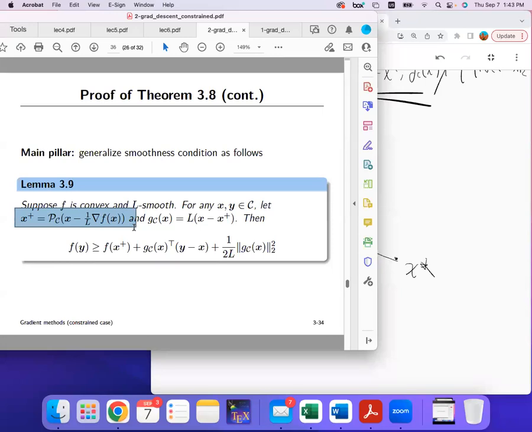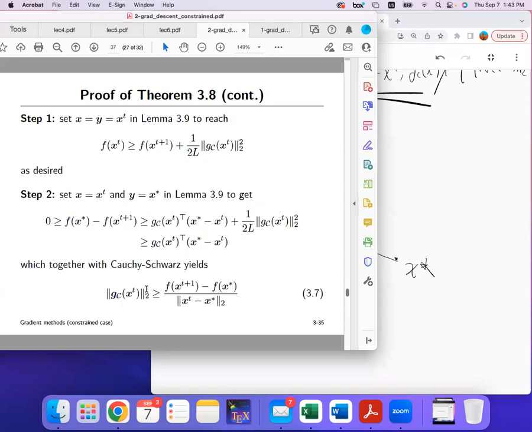This is a very general result, holding for any points x, y, and the corresponding x plus. So let's look at how we can use this result to prove the previous key steps.